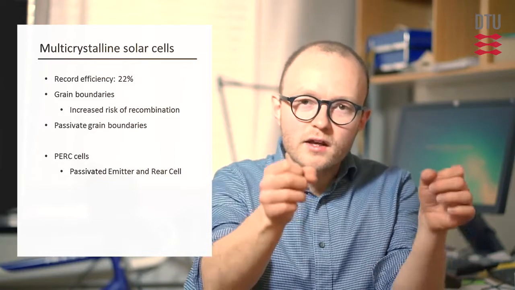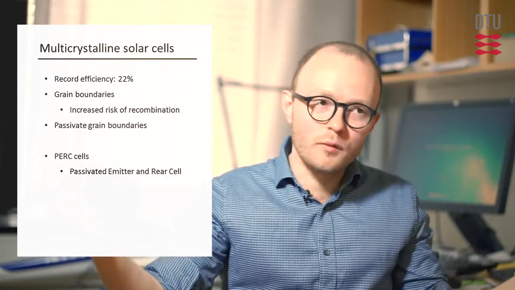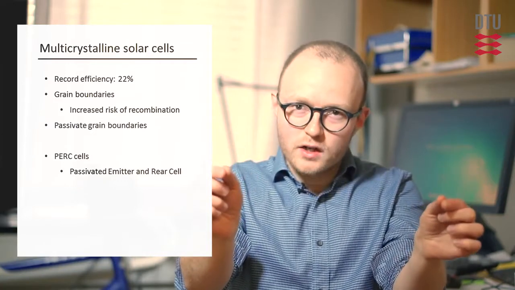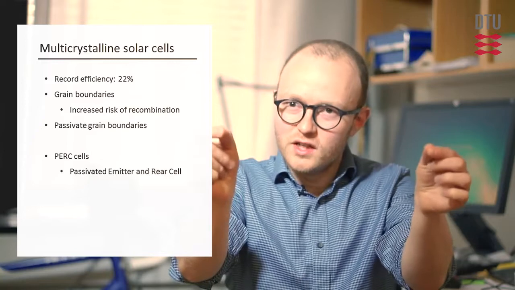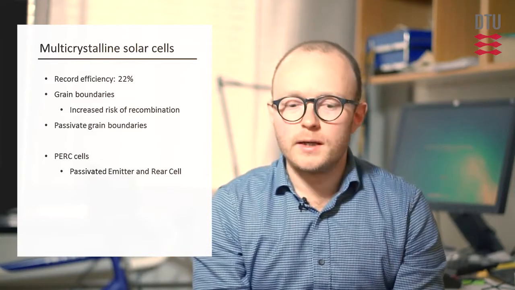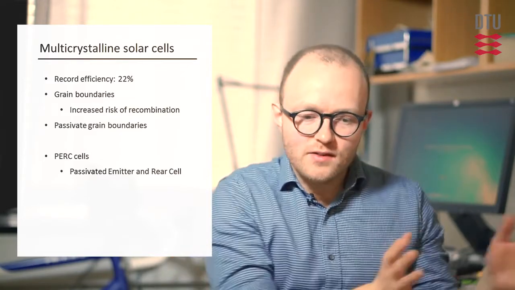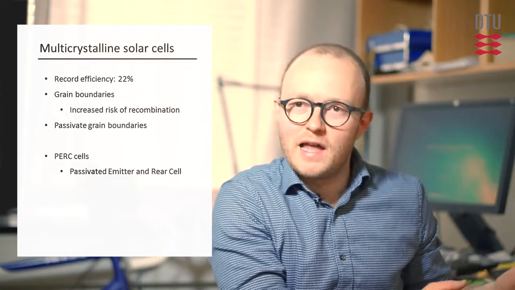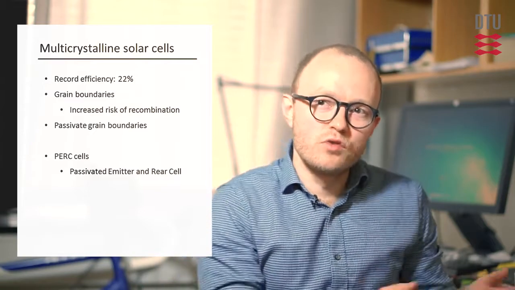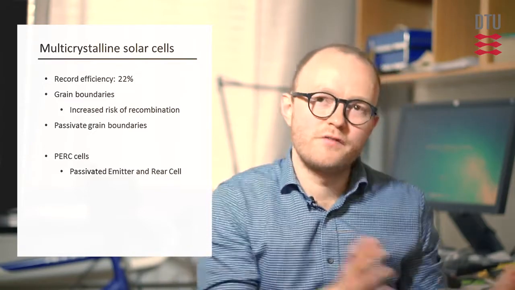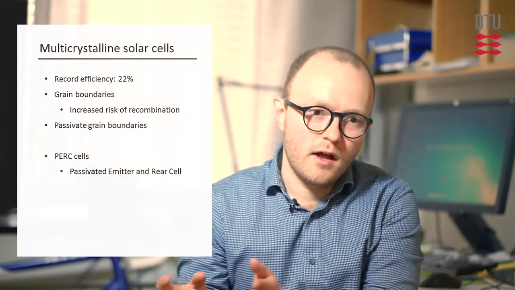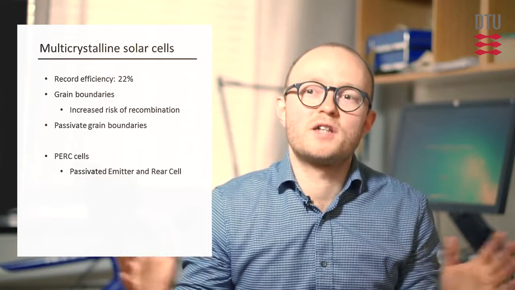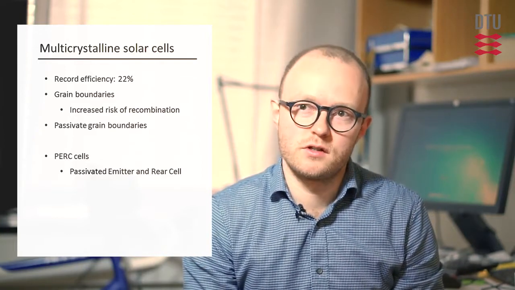You actually only make local contacts, and that means you have an almost perfectly passivated rear surface, and you only have direct contact between metal and silicon where you need to in order to extract the current. So taking that passivated rear technology from the lab and to the industry is a really important step towards high efficiency multicrystalline, and I think that's a way to really push industrial mass produced cells to very high efficiencies.